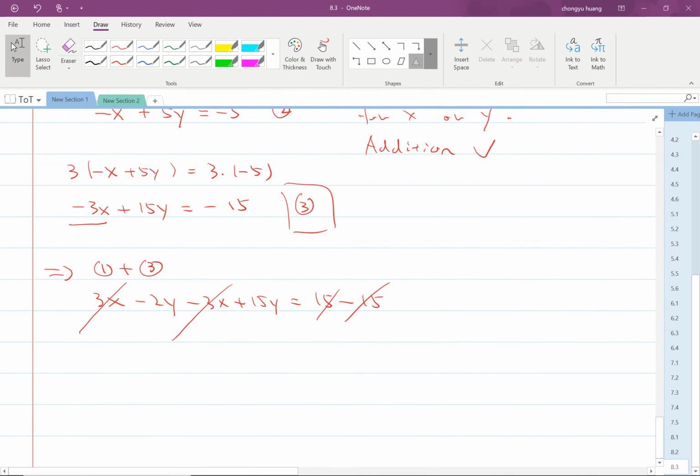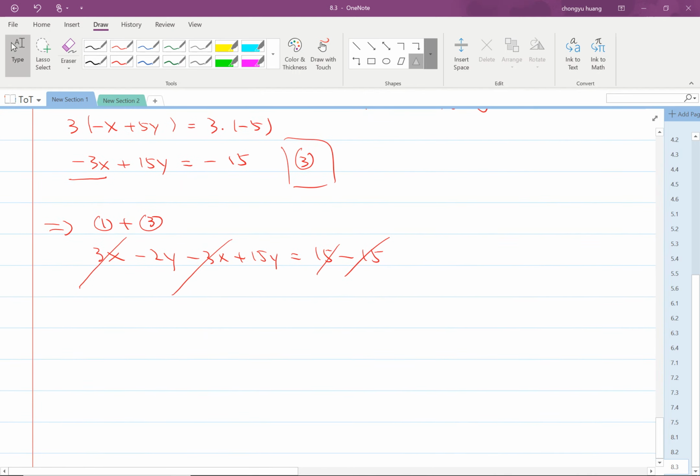What we have over here is negative 2y plus 15y, which is 13y, equal to 0. Finally, we find y equal to 0.